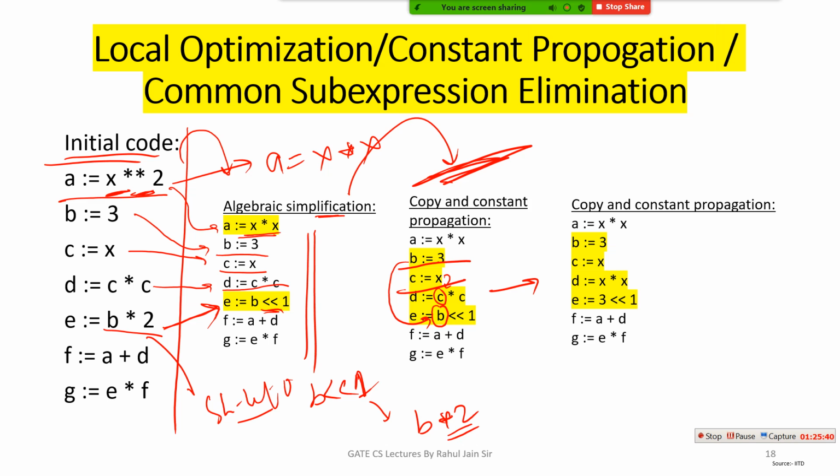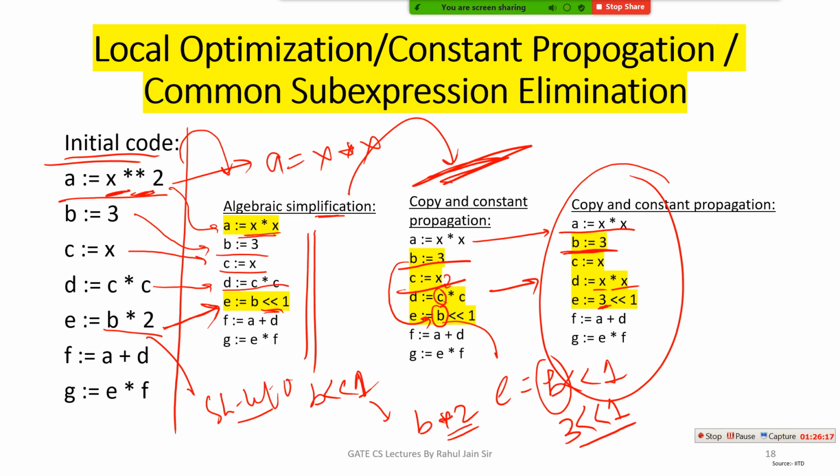So a equals x into x remains the same, and I replace the value of b in e, which is b shift left 1, with the constant 3. So it is now 3 shift left 1, and I replace c with the variable x. It is called variable propagation, so d equals x into x.